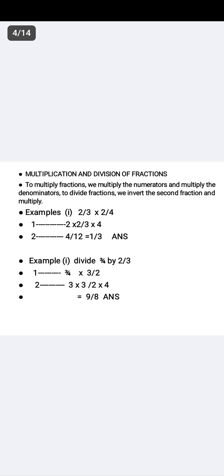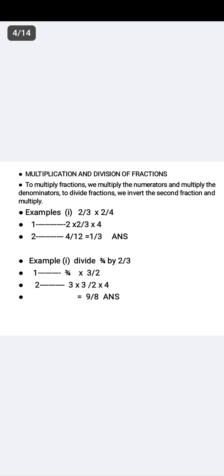To multiply fractions, multiply the numerators and multiply the denominators, and reduce if possible. And to divide two fractions, you invert the other fraction. Inverting a fraction means taking the reciprocal of that fraction.